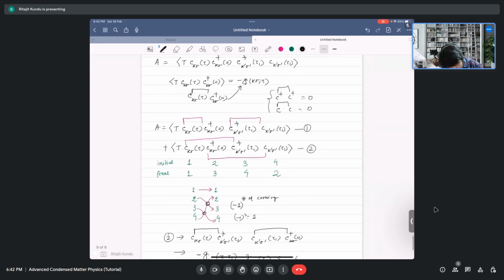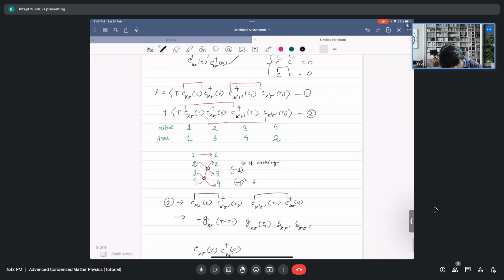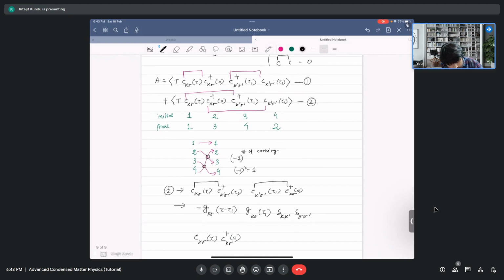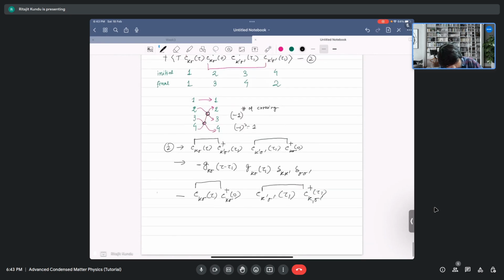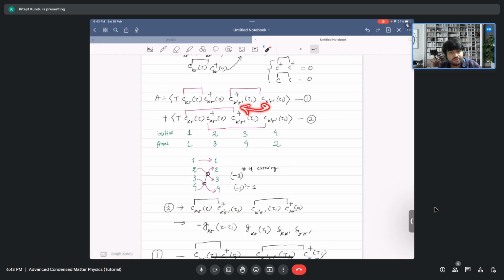So there's a contraction between these two, and let me just flip those last two operators, and I'll get minus tau 1 and c k1 sigma 1 dagger tau 1. Okay, this contraction. So this is term 1. This minus sign actually came because I flipped these two operators.